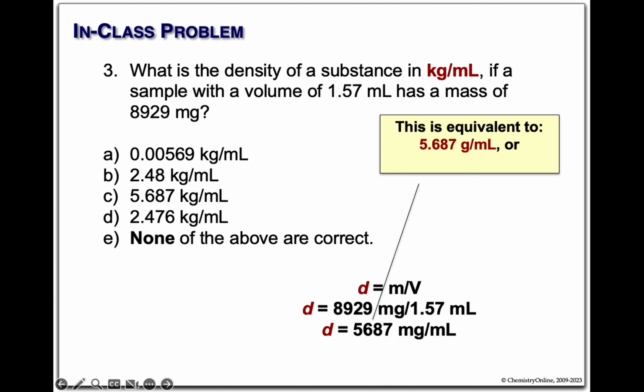Divide by 1,000, that's 5.8 grams per mil. To get that to kilograms, we have to divide by another 1,000, 0.0569. Simple metric conversions.